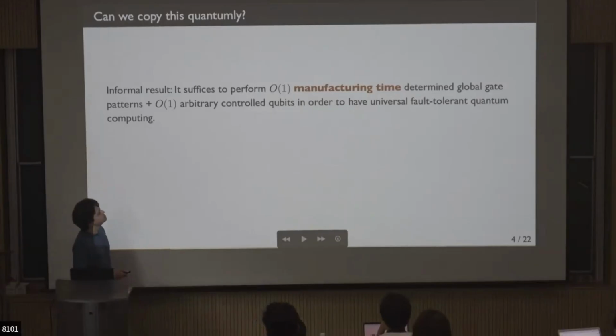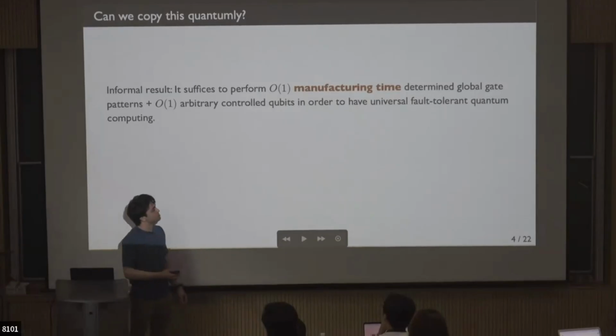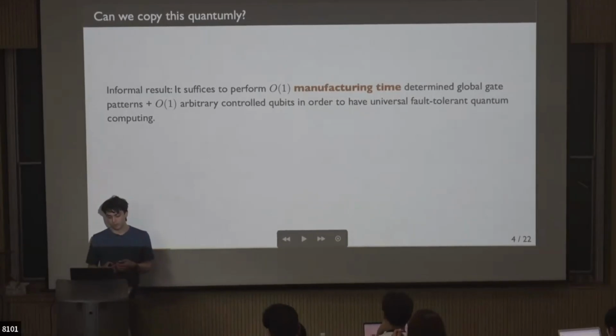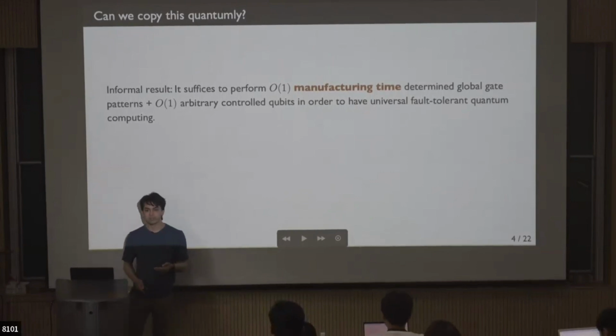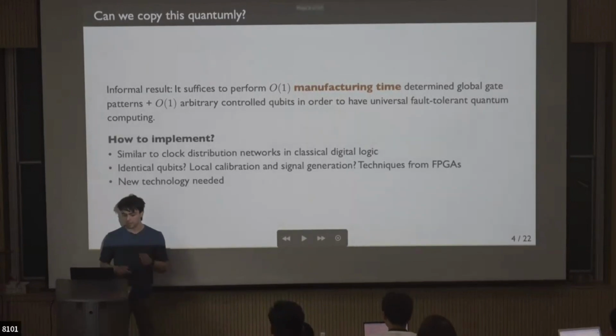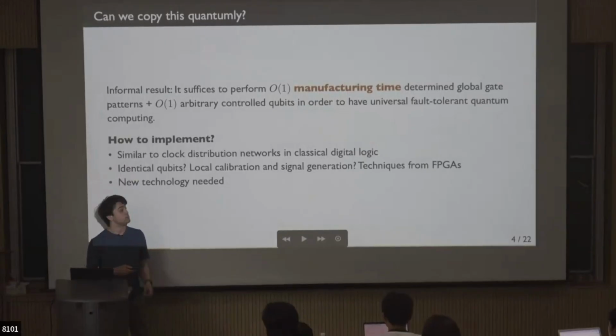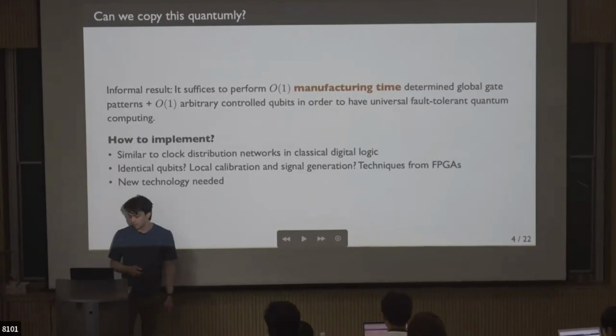So what you can do is pick some global gate patterns that are chosen at manufacturing time, and you have some constant number of qubits that you have arbitrary control over, and you can be universal and fault tolerant. Roughly, you might wonder how this gets me to a constant number of control lines.